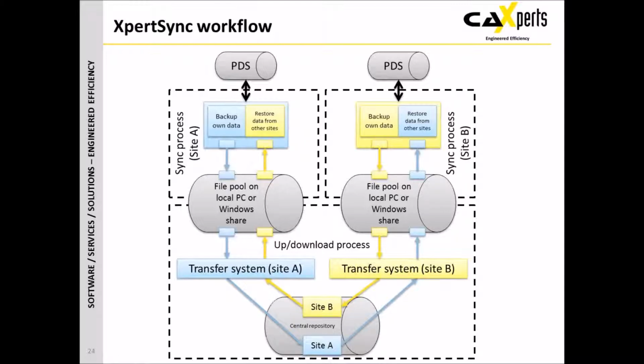And in a simple kind of workflow, maybe not simple, but this is more diagrammatic of how everything fits together. So what we've got is site A and site B. We've got basically the PDS installation here, and we're using backup and restore here, and then using a file transfer system to go between the satellites to the hub and from the hub out to the satellites.